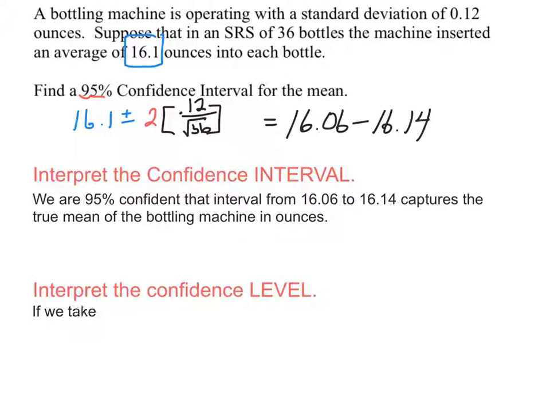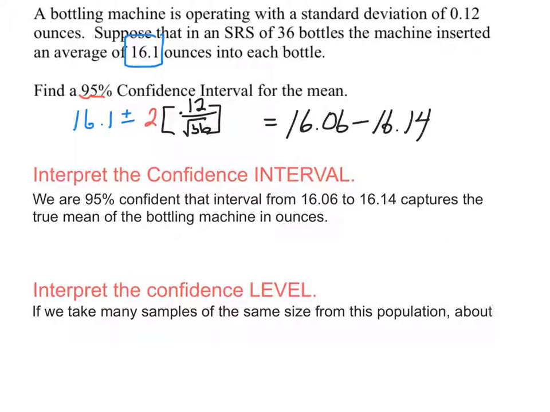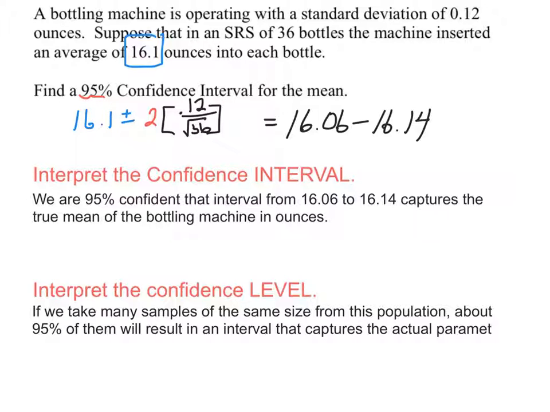If we take many samples of the same size from this population, about 95% of them will result in an interval that captures the actual parameter value.